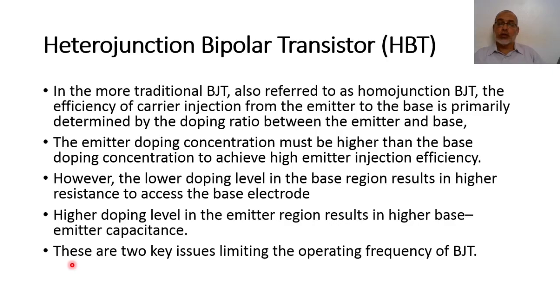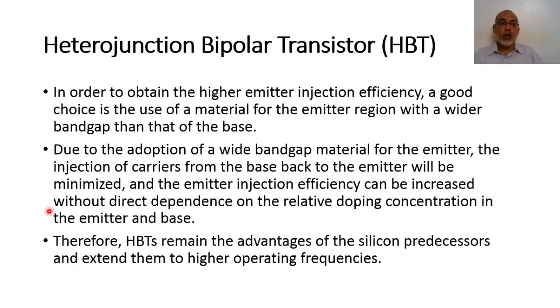So to solve this problem, in order to obtain high emitter injection efficiency, a good choice is the use of a material for the emitter region with a wider band gap than the base.